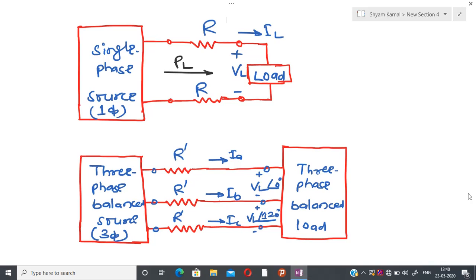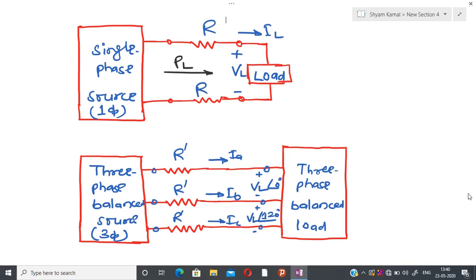So whenever the load is resistive, then power factor is unity.